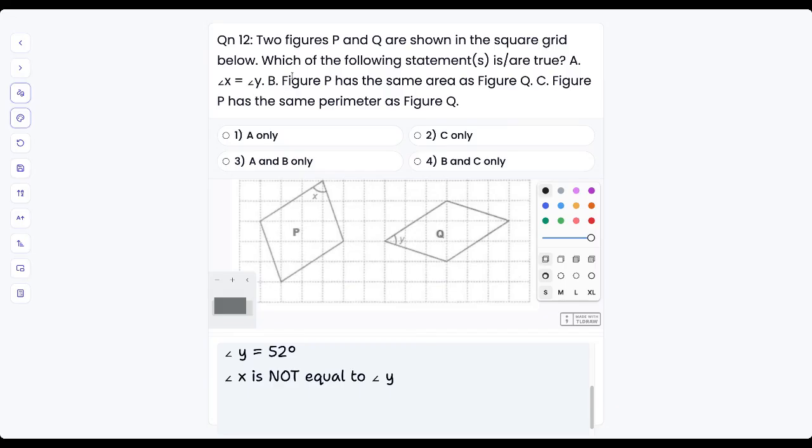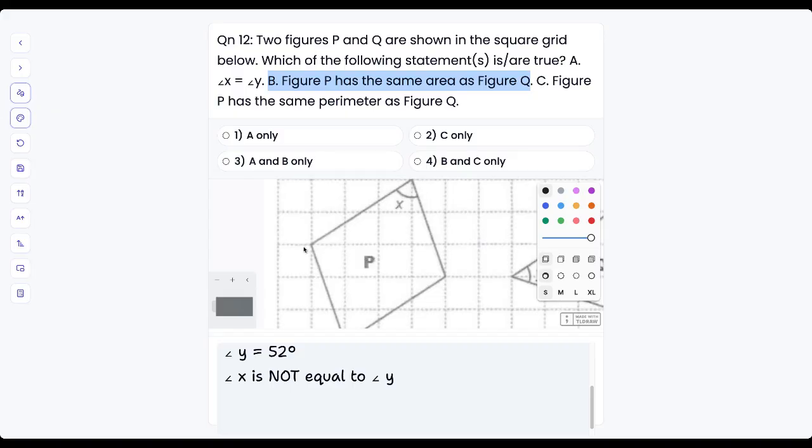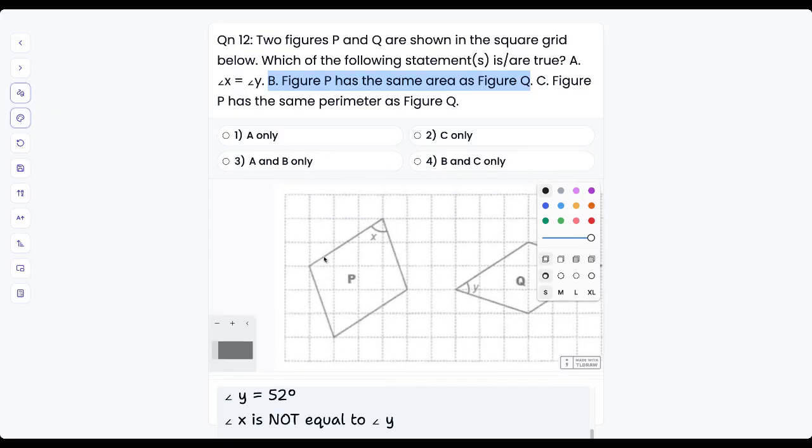Okay, let's move to the second statement. B, figure P has the same area as figure Q. Let's go to figure P. How do we measure the area for this kind of figure? First, we want to draw the whole outline, so one whole box around figure P, and we can measure accordingly.